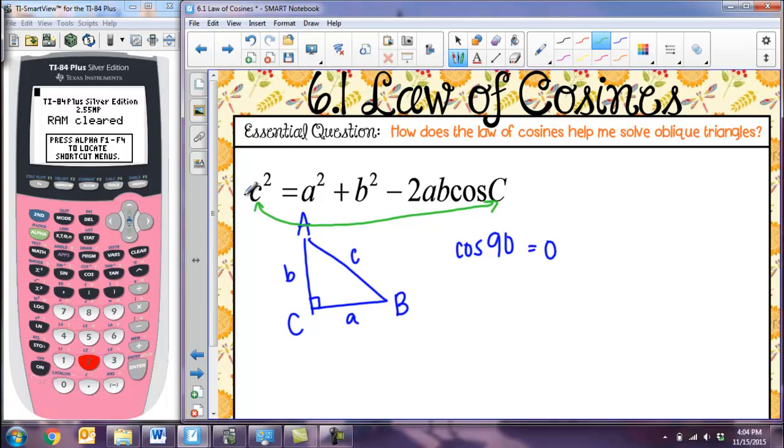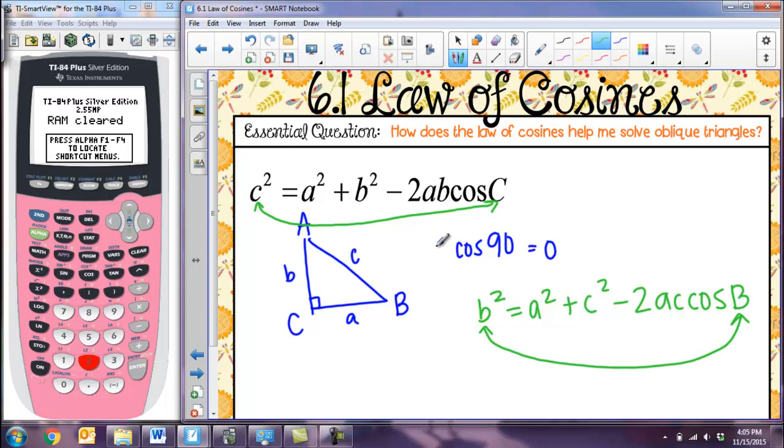So if you were needing to find side b, you would have b squared equals a squared plus c squared, the other two sides, minus 2ac times the cosine of that angle. So your isolated side and your angle are always going to match using this formula. Okay? So again, this is how we can solve triangles that are non-right.